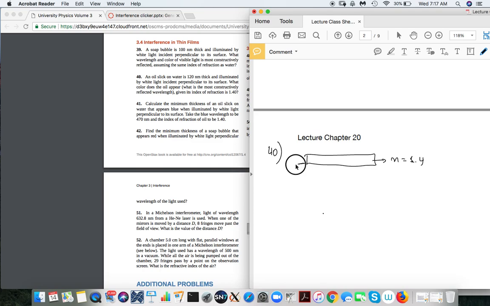This is water, right? Index of refraction is 1.33, and you have the white light going that way. The thickness is given, 120 nanometers.